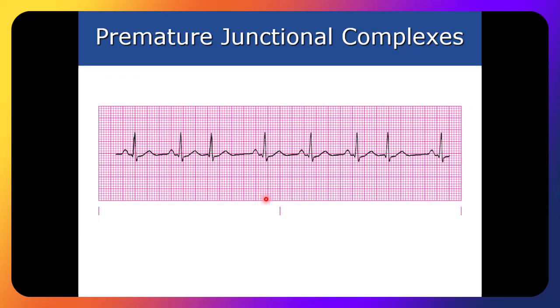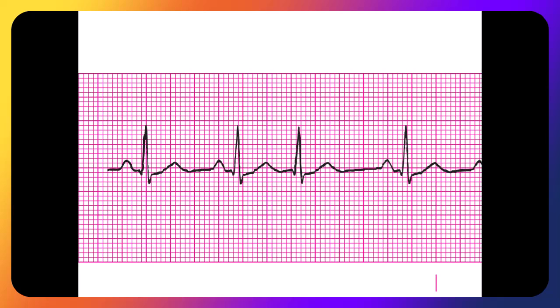So as we're going through here, where is the PJC? Third impulse. Look at this one right here. Let's take a closer look at it and compare it to the others. As we're looking at this one, do you see a P wave?